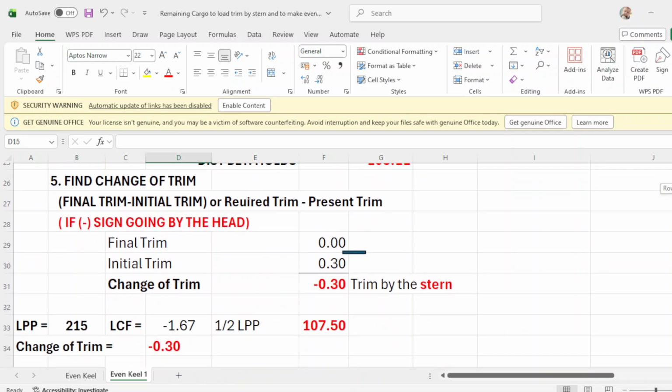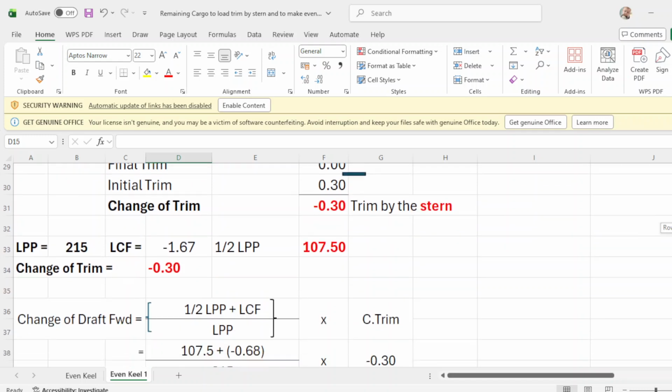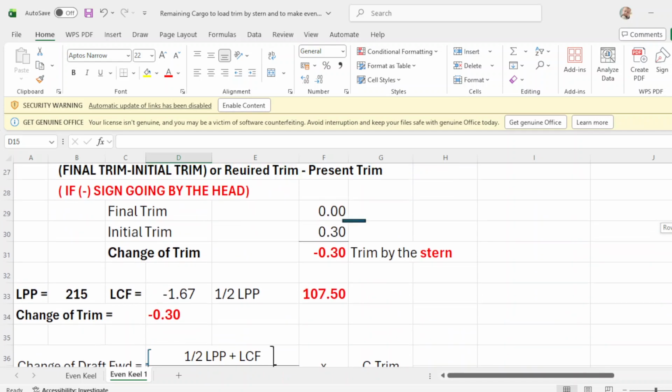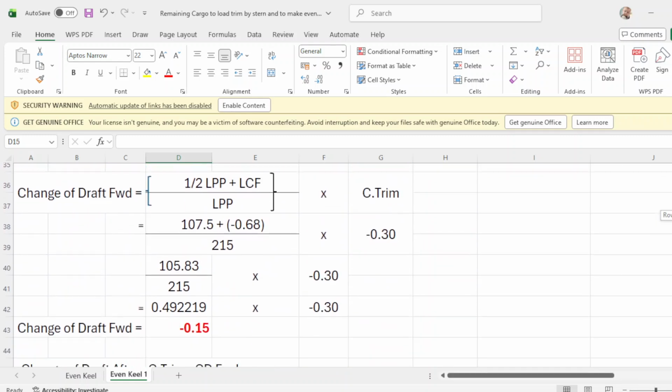And since this is your LPP, one half of LPP, one half of this one is 107.5. Okay? Then your change of trim is this one, negative 0.30. Then we go to, this is number 5, then we go to number 6.